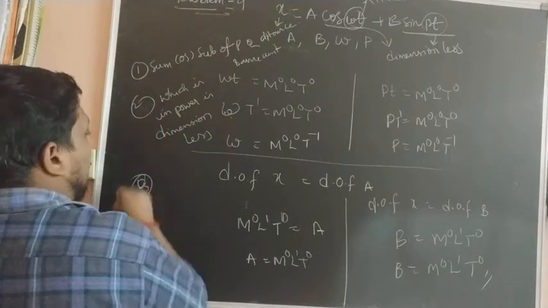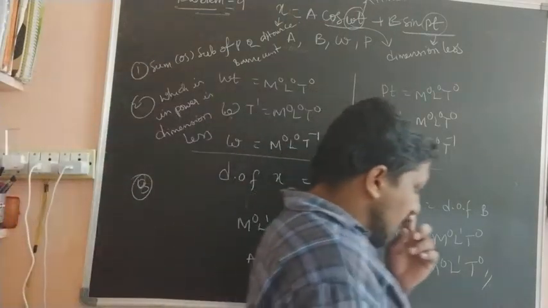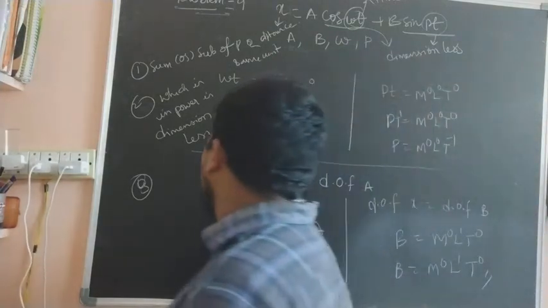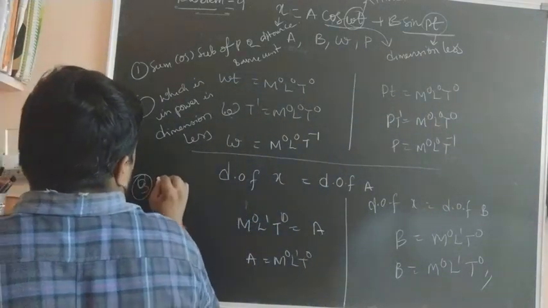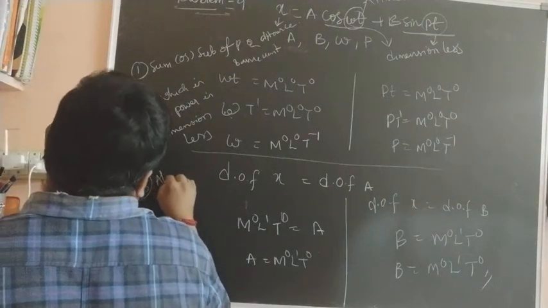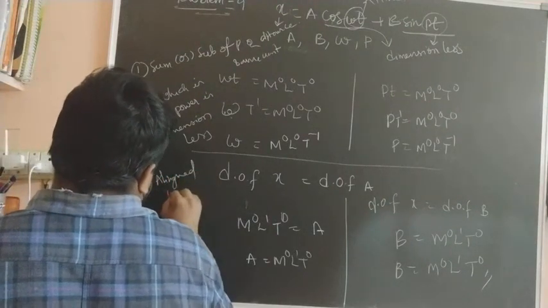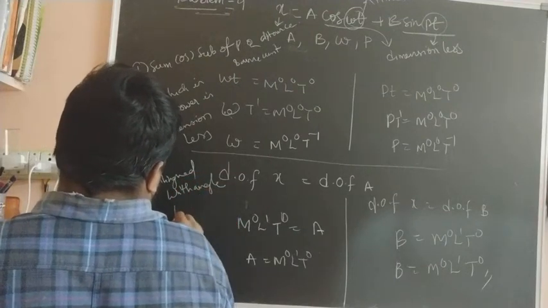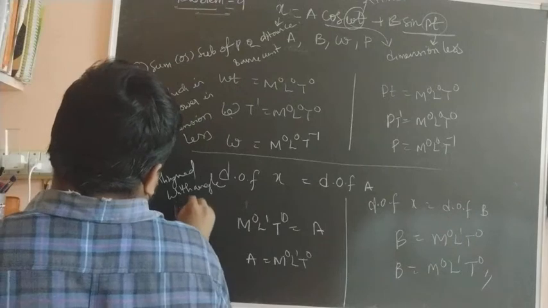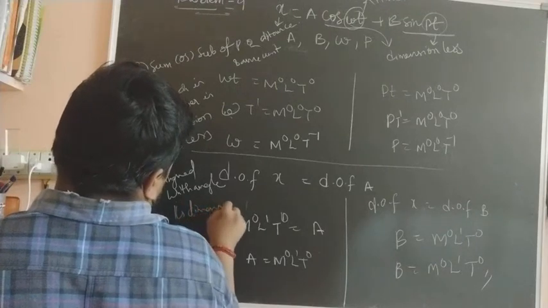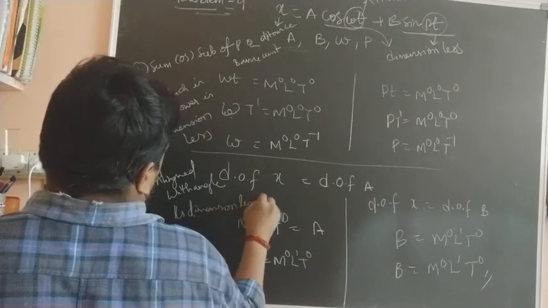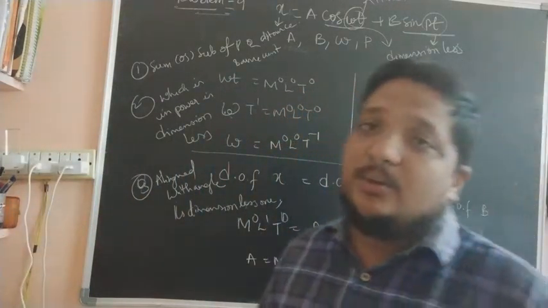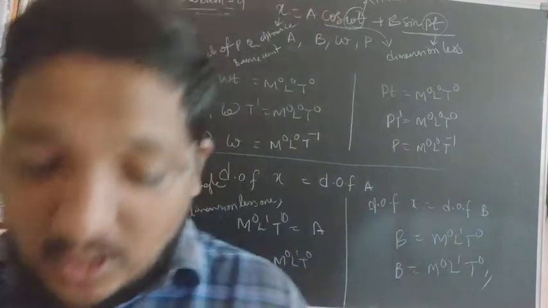And the third one is any physical quantity which is aligned with the sine angle is dimensionless. These are the main three important things you need to remember whenever you are solving a problem using the principle of homogeneity.